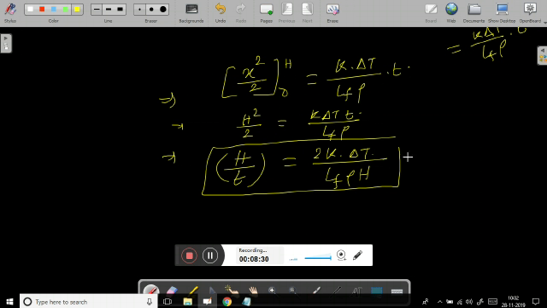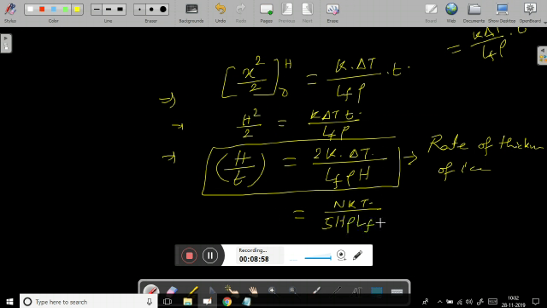That is not the rate of heat transfer, sorry, that is the rate of thickness of ice, and that is also given in this equation in the form of n K delta T divided by 5h rho into LF.